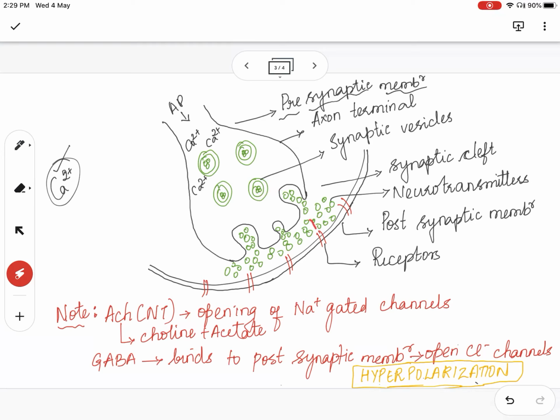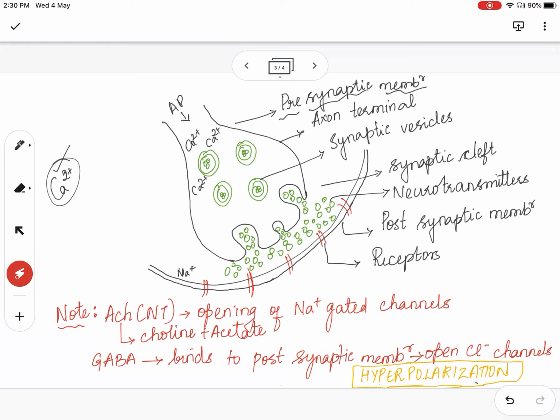ACh will bind onto specific receptors over here. Once they bind onto these receptors, there is opening up of the ion channels. One such example I can give is sodium ions, resulting in the opening of the sodium gated channels. Because the sodium channels open, it will allow the entry of the ions inside.